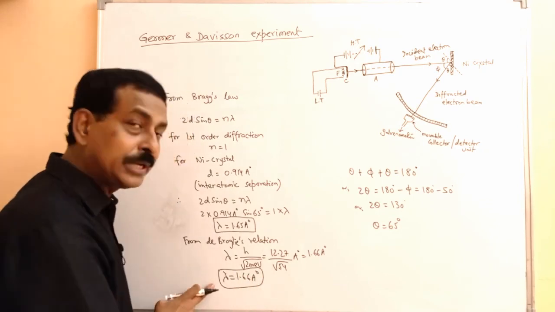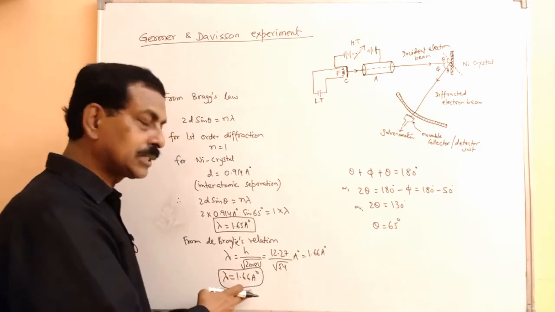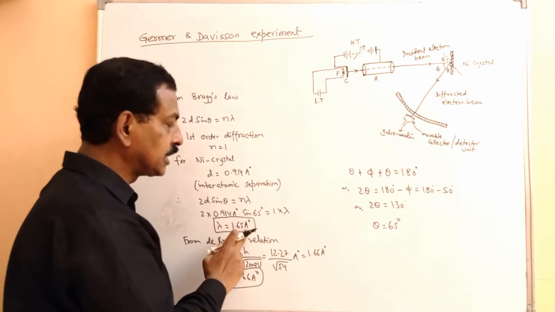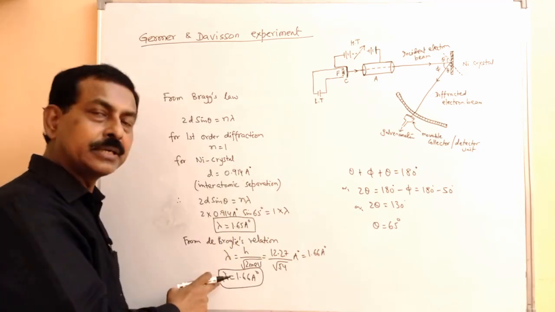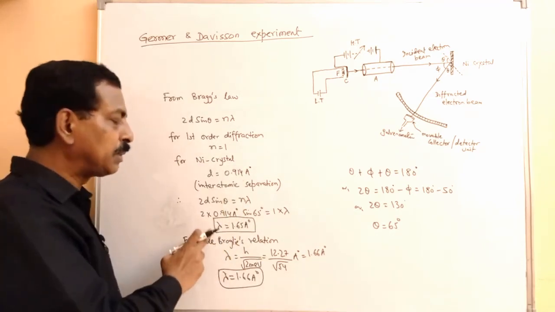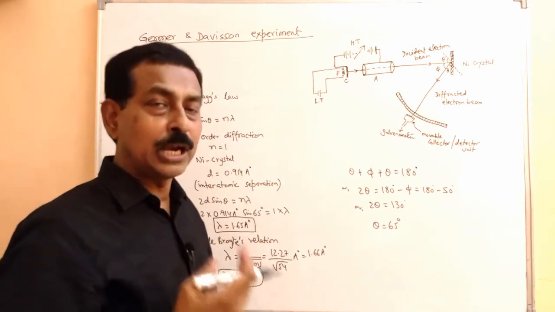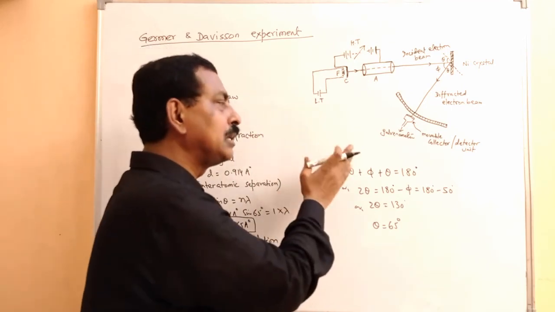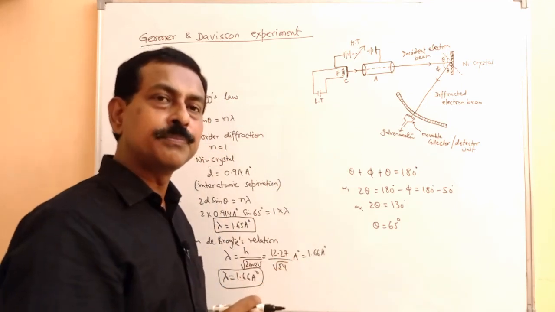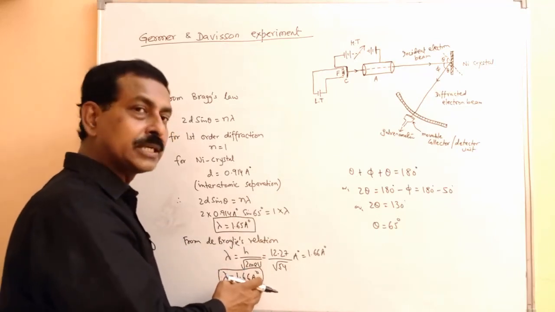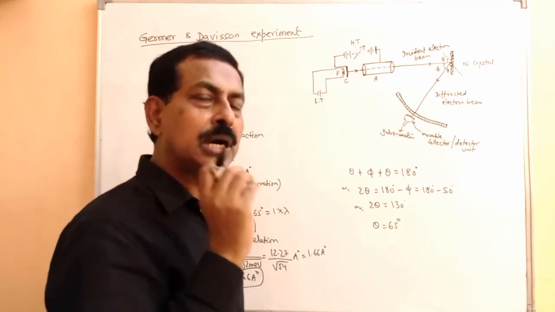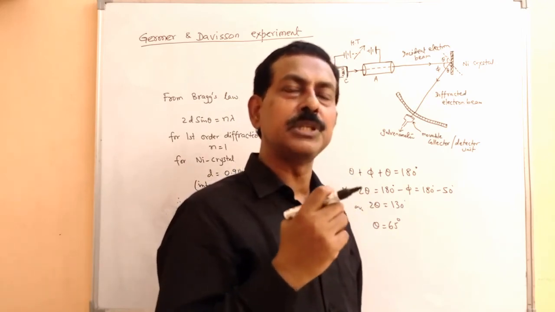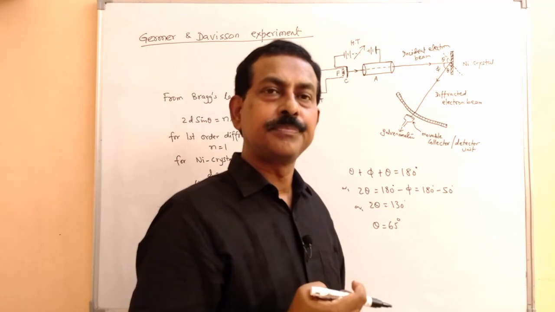So theoretically we expect the wavelength to be 1.66 angstrom. Experimentally we have observed it as 1.65, which is in close agreement between the experimental and the theoretical values. So this proves that there is definitely a wave associated with the electron, and that we have measured here. This also confirms the de Broglie hypothesis, that there is a wave associated with material particles.